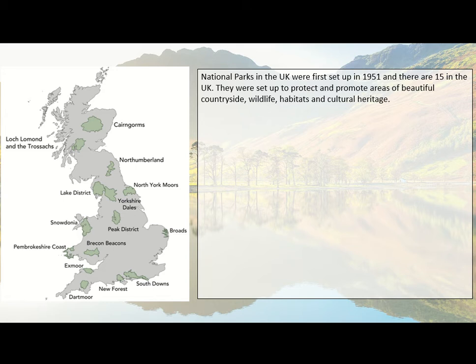Similar is true in places like the Lake District. There are lots of farming practices that go on within the Lake District National Park and other parts of the UK. So it's not just about shutting everyone out, it's about incorporating all the things that we already do in those areas, but trying to limit any of the damage that we could cause through our actions.